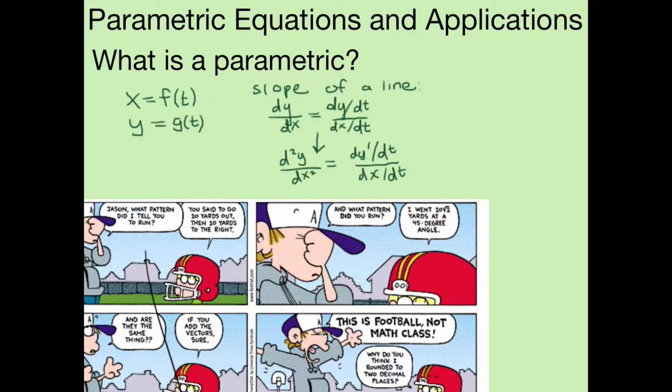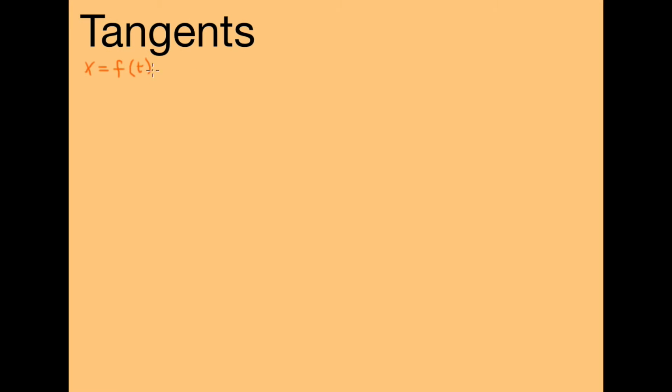Now let's look at how we actually got to these equations. If we substitute x equals f of t and y equals g of t in the equation y equals F of x, we get g of t equals F of f of t.